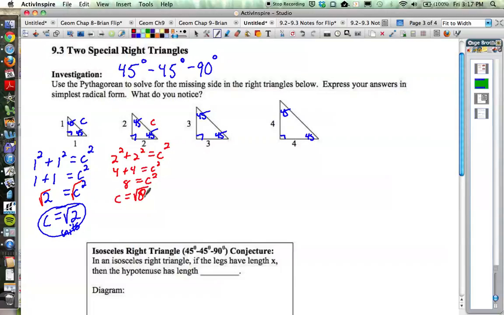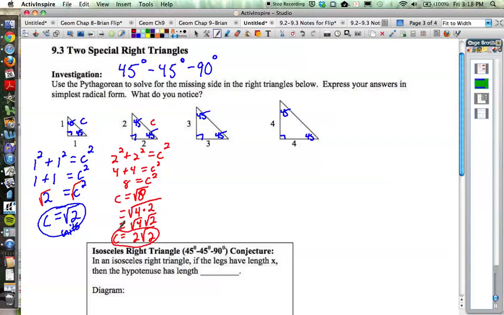We look at what perfect square is a factor of 8. And the biggest perfect square that's a factor of 8 is 4. So let's separate that out into 4 times 2, because that's equal to 8, which means that we have the square root of 4 times the square root of 2, and the square root of 4 is 2. So 2 times the square root of 2 is what c is equal to here.